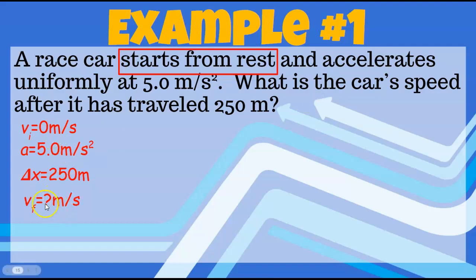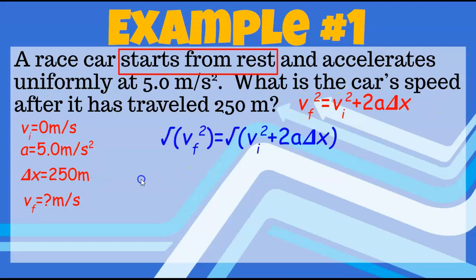Based off of all of these variables, the formula that we're going to use is this one, because this has all of the variables given and what we're solving for. Once you have your formula, you'll plug in all of your givens here. We know that we're solving for final velocity, so mathematically, we need to take the square root of everything within the parentheses.